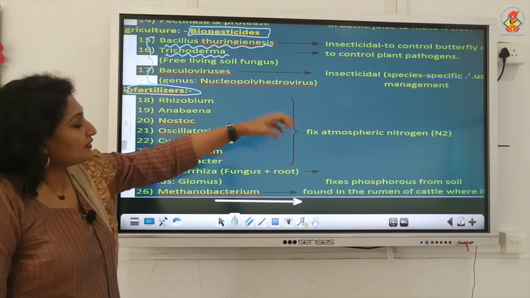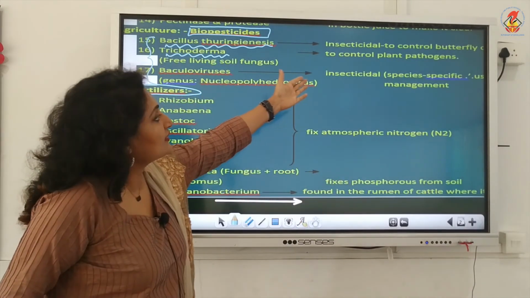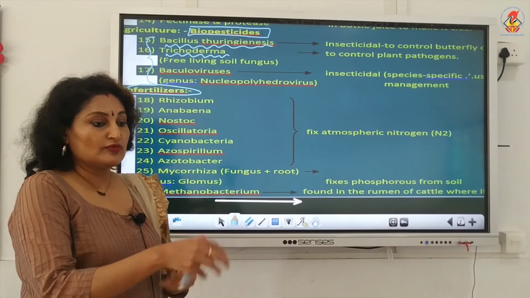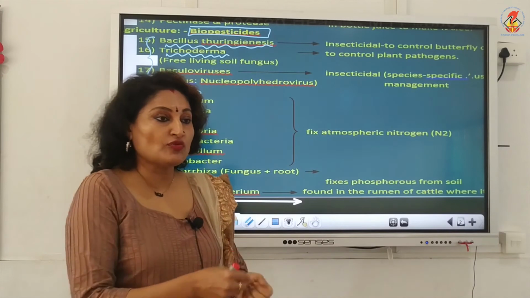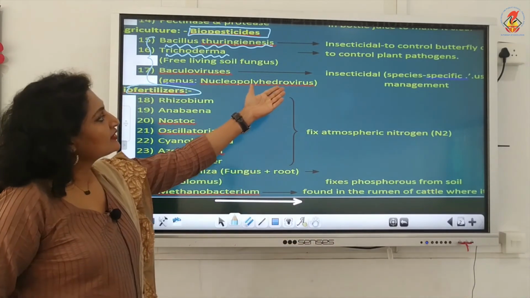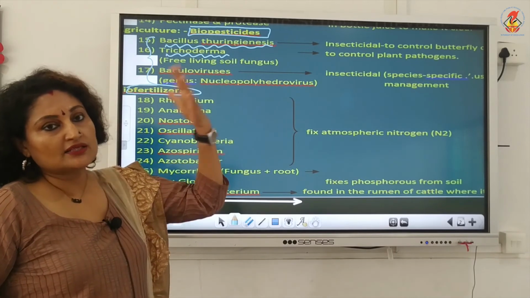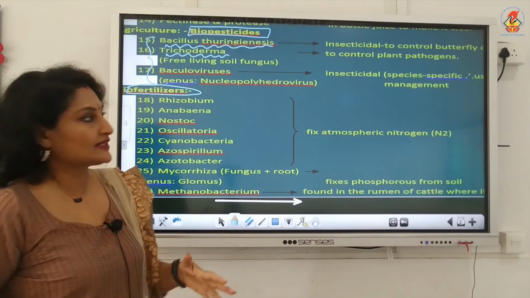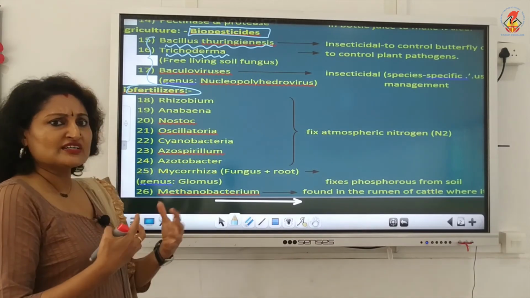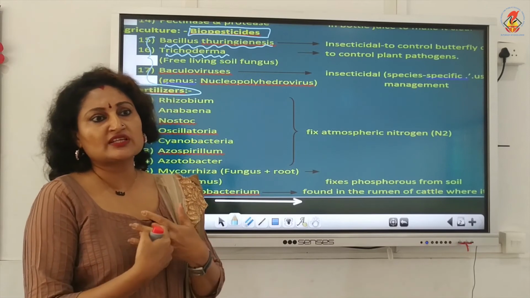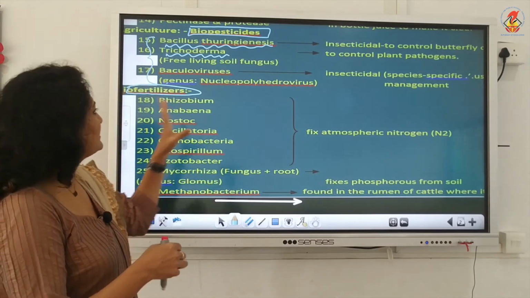It is deliberately added in the soil so that it controls plant pathogens. Okay, so in the soil, while the seeds are sown, this fungus is also applied. It will multiply and prevent plant pathogens from attacking the plant. So this is Trichoderma, which is a free living soil fungus. We know most fungi live in association with roots or another organism, but this is a free living fungus.